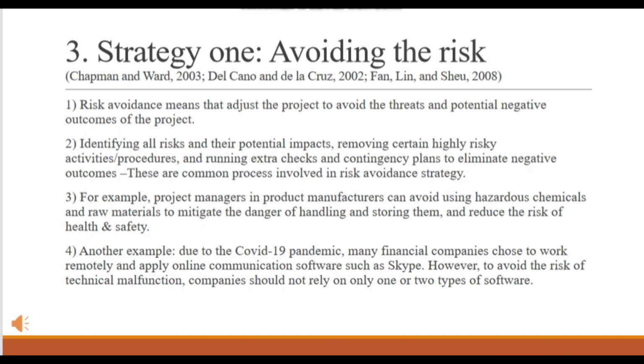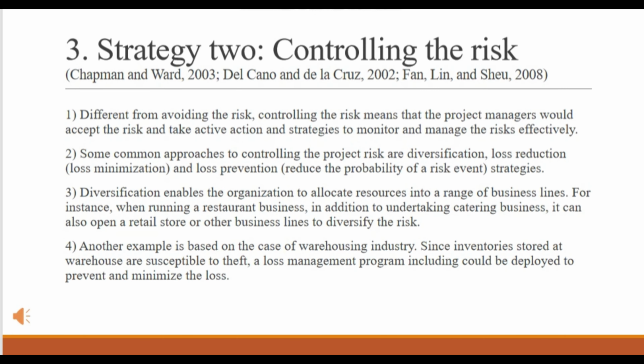Another example of the application of the risk avoidance strategy is that due to the COVID-19 pandemic, many financial companies chose to work from home and apply online communication software such as Skype for Business for calls and conferences. However, to cope with the risk of technical malfunction, companies should not rely on only one or two types of software. The second strategy is risk controlling.